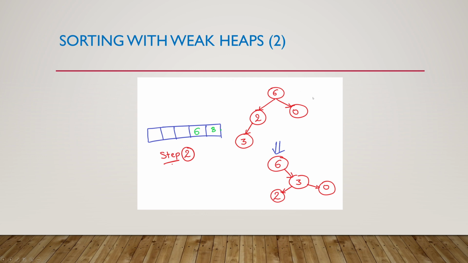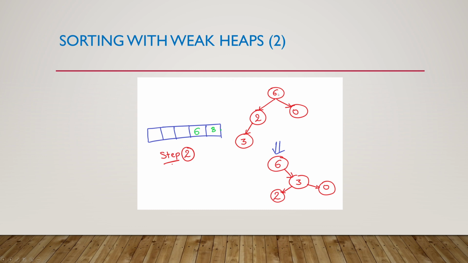But the point to consider is that this representation, which is at the top, is not a weak heap. So we'll first need to convert it to a weak heap, and only then we can proceed with our sorting. So the conversion is pretty simple.